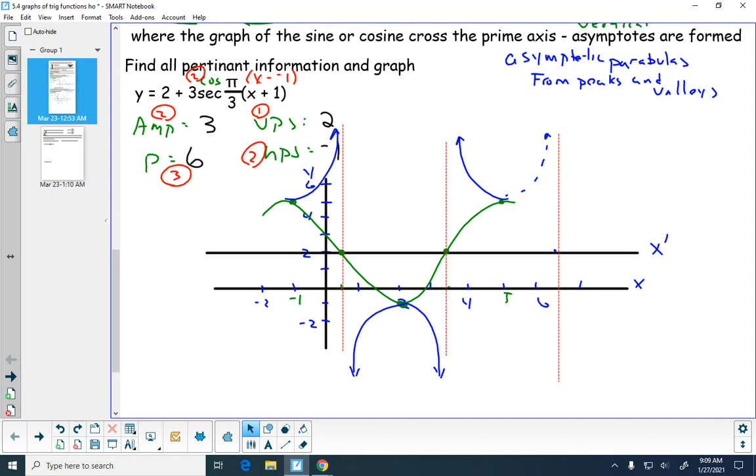So problems 1 and 2 you'll be able to do, and problems 4 and 5 you'll be able to do.